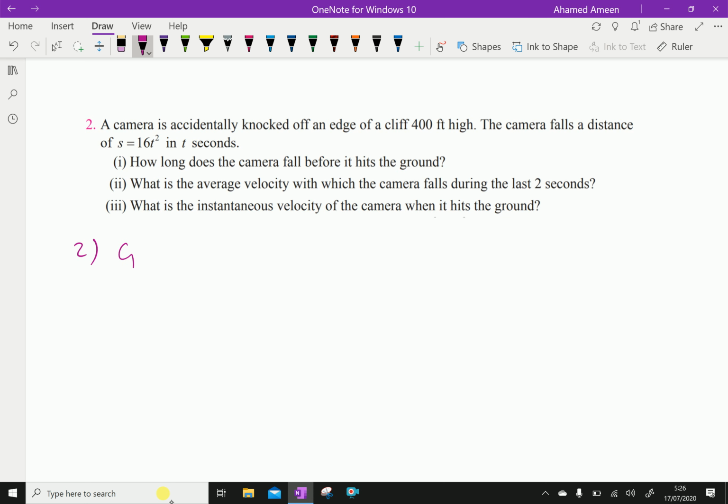Given the function s with respect to t is s of t equal to 16 t square, and height equal to 400 feet.